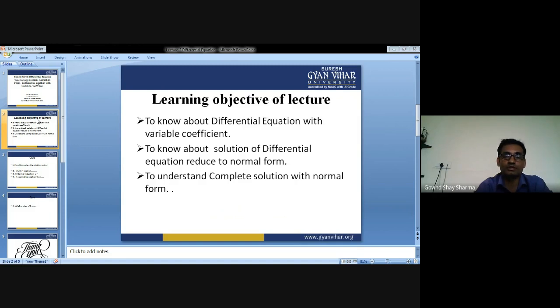Most of the time in the variable coefficient method we have to decide which method to apply in the exam. So the variable coefficient method is basically a decision type in exam time, how to approach the question.